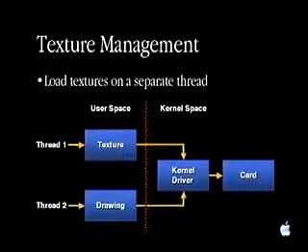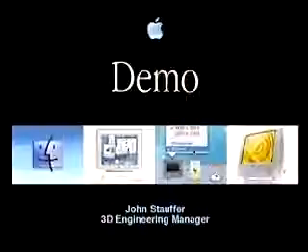So you'll have done most of the work of CPU cycles on the primary thread of getting the data into the kernel. And then you can have your second thread come along and issue the drawing commands. And as long as you have your thread synchronization correctly organized, then your data will be there by the time you need it, and everything will just flow much smoother. So I've got a demo of this, and this demo shows the basic concept that the diagram had there.